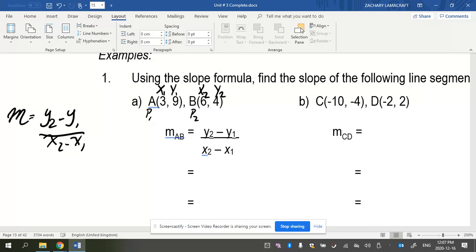So if we look at the first one, our y2 is right here. So that would be 4. Our y1 is 9, so we're subtracting 9, over our x2, which is 6, and our x1 is 3.